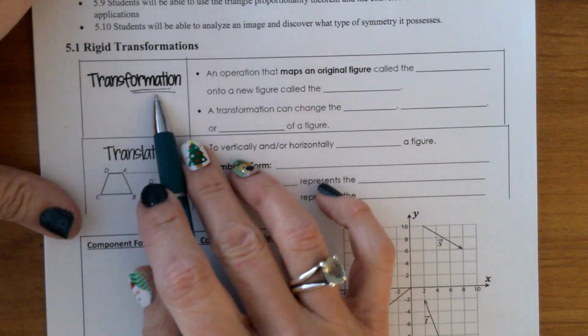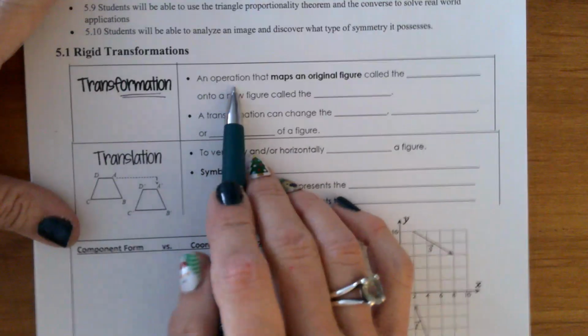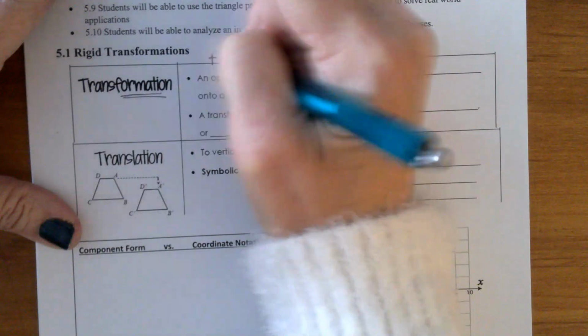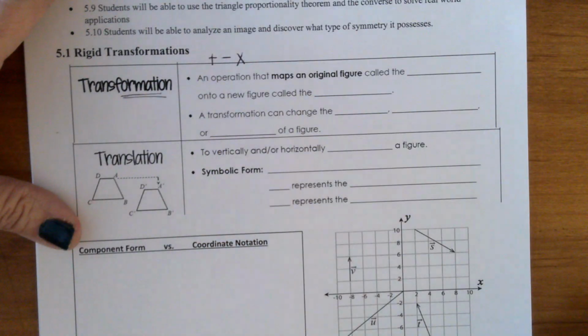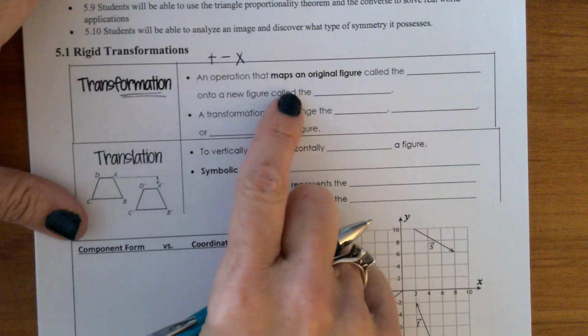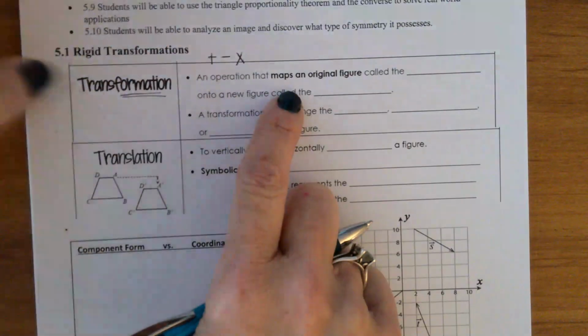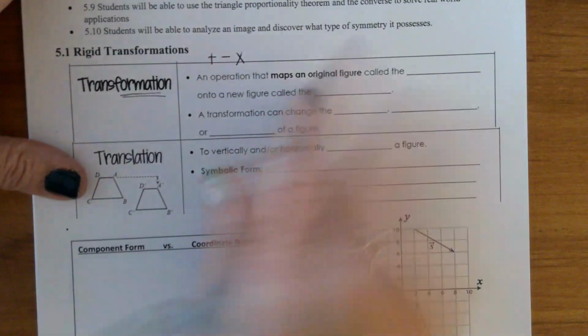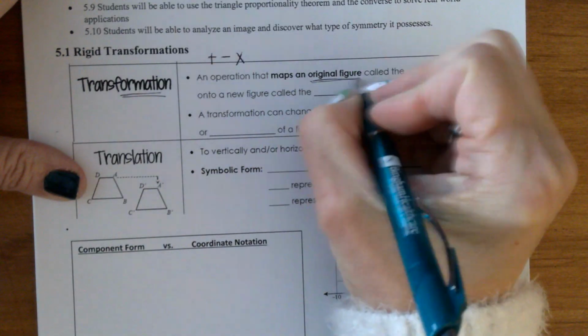A transformation in and of itself is an operation. So we're going to add, subtract, maybe we'll multiply. An operation that maps, in other words, you're putting a one-to-one, like this point goes with that new point, onto an original figure.